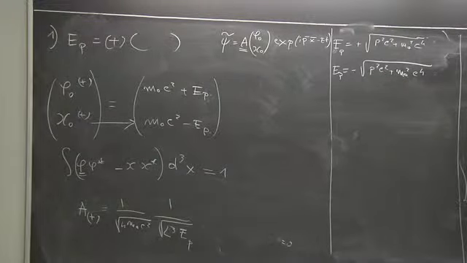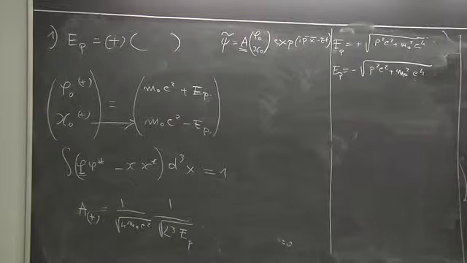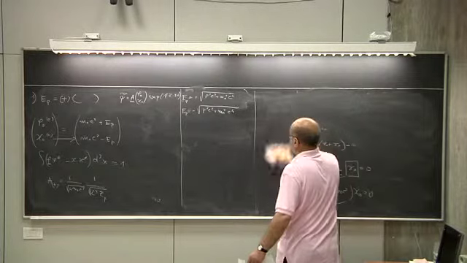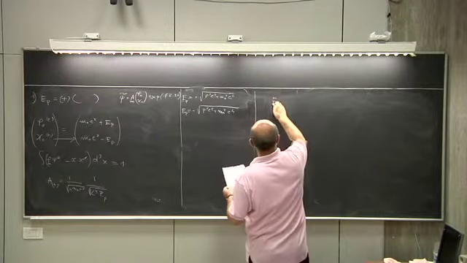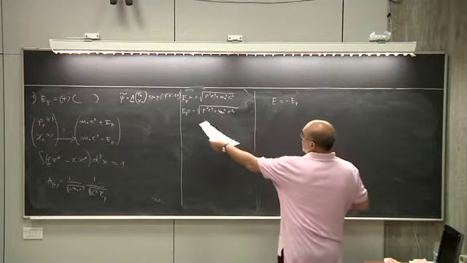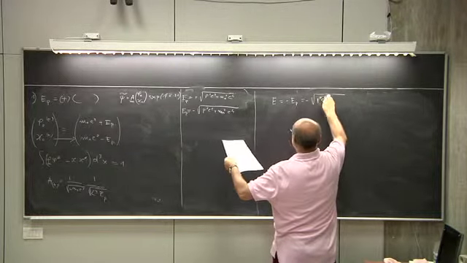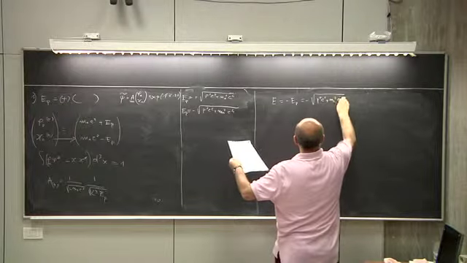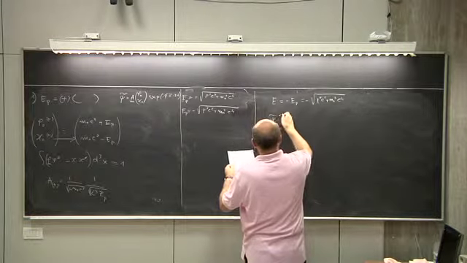Now let's do the other choice, the E negative. So now let's choose E equal minus E_P, in the sense that we choose of the two this negative one, so equal minus the square root of p square c square plus m0 square c to the 4. My solution I call psi tilde minus.